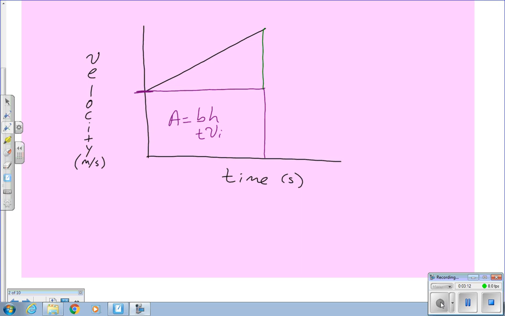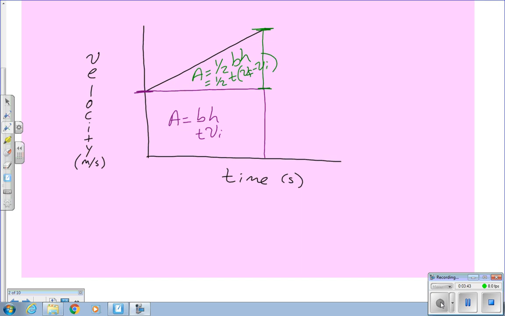The triangular portion up here, area would be 1/2 of base times height. So that would be 1/2 of the base, which is still our time interval, and the height is our final velocity minus our initial velocity, so VF minus VI. Now, I'm going to do just a little bit of rearranging because it doesn't matter what order you multiply things together in.